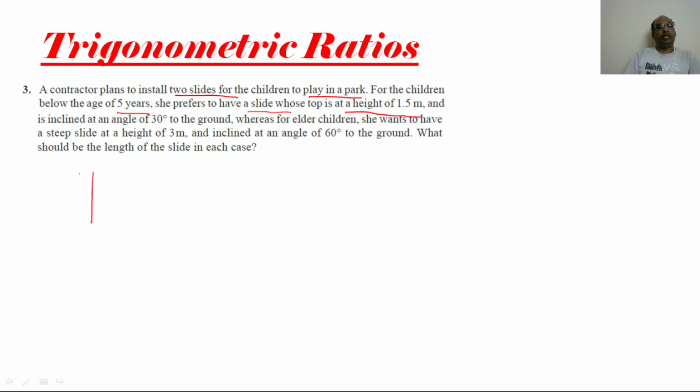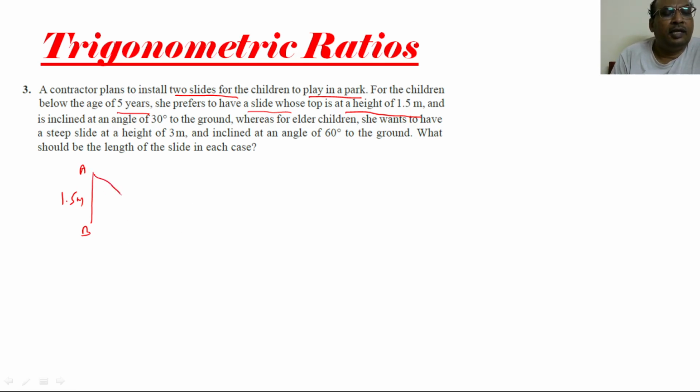So suppose you take AB as 1.5 meter, and it is inclined at an angle of 30 degree to the ground.